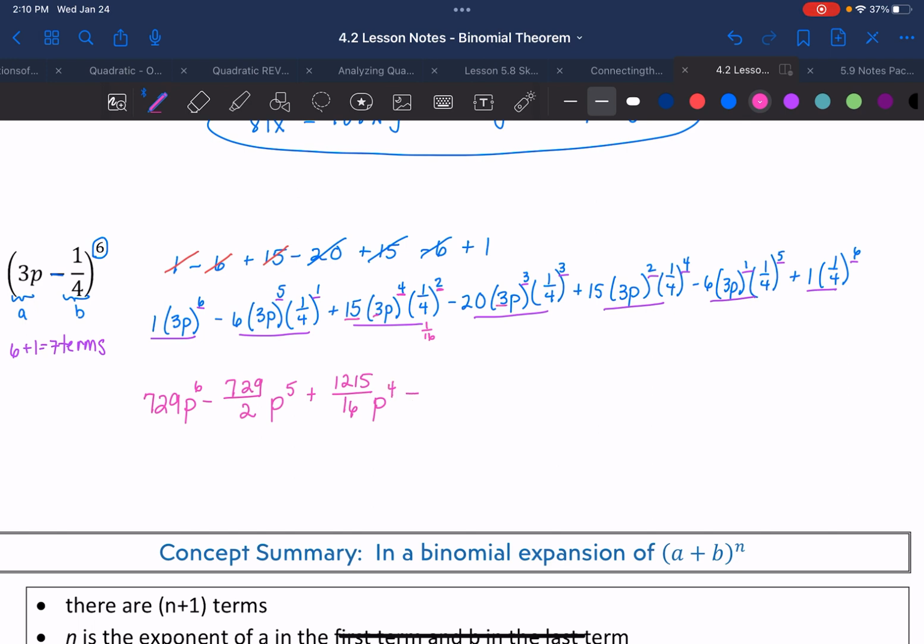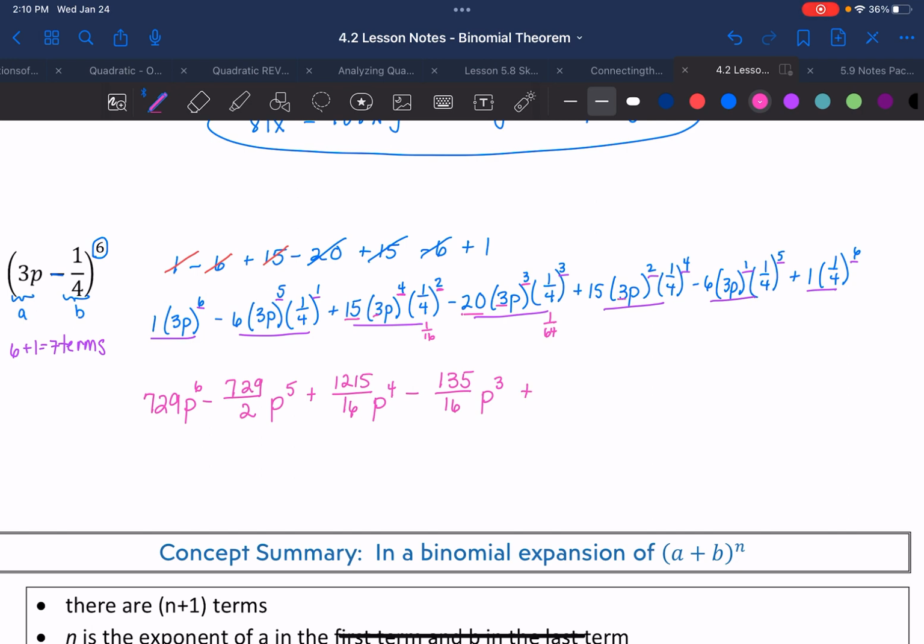Minus 3 to the 3rd power is my 27 times negative 20 times 1/4 to the 3rd power. That's going to be 1/64. Now when I reduce that fraction, I'll end up with 135/16 p to the 3rd power.